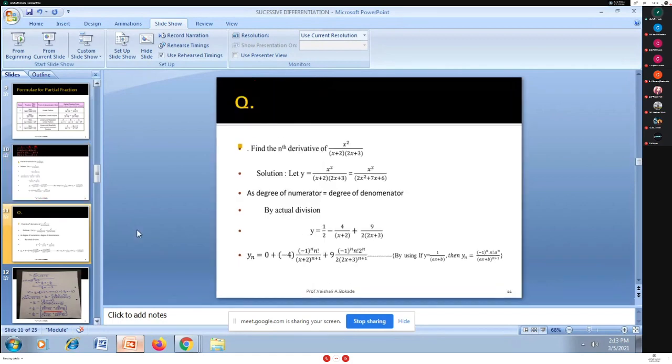But for the second example, you observe that the degree of numerator is 2 as well as the degree of denominator is 2.